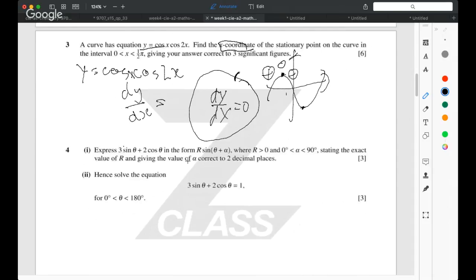Okay, so can you first expand the r sine theta plus alpha to expand the expression?